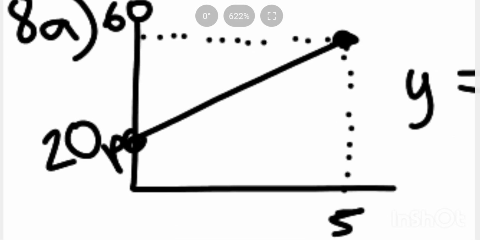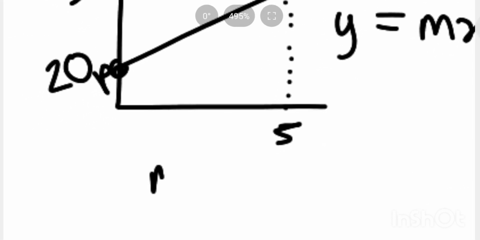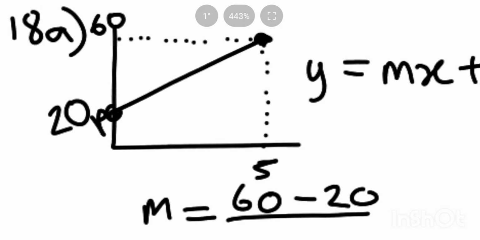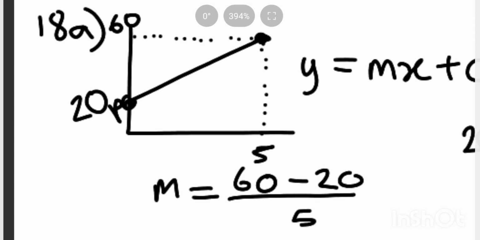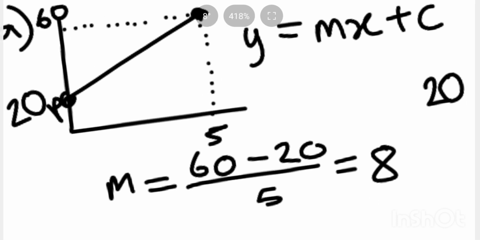That would be 0, 20, the coordinates. So we can work out the gradient. That will be m equals 60 minus 20, because it's the change in y. And then the change in x will be 5 minus 0. So that will be 40 over 5, which is 8 pence per minute.